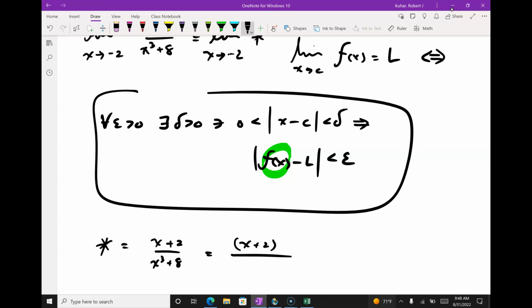Does anybody know the factoring from memory? So it's an x plus 2 times x squared minus 2x plus 4.